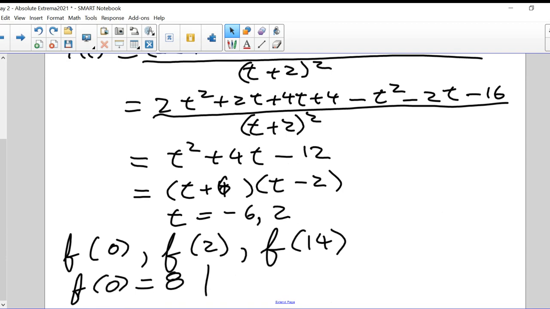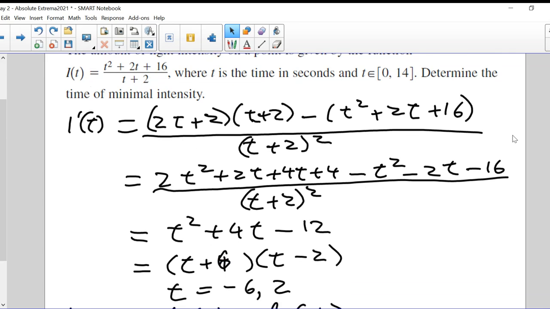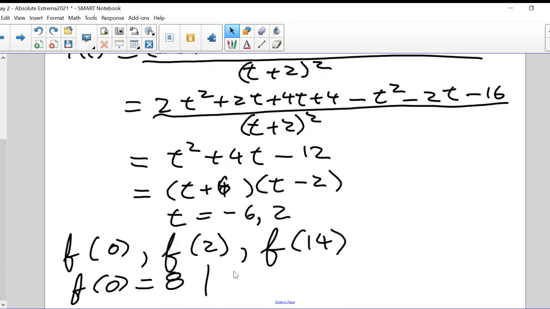All right. F of 2, how quickly can we do that? That's 2 squared, which is 4, plus 4 plus 16, divided by 4. That would be 24 over 4, which is 6. Am I right? F of 2 is 6.